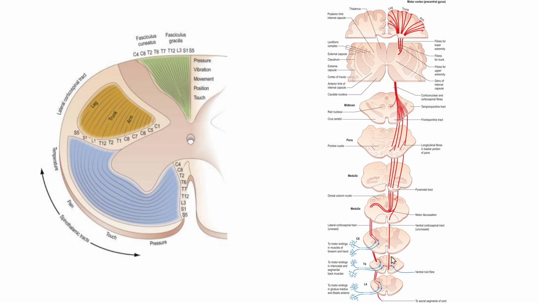Now functionally these two tracts are different. The lateral corticospinal tract is involved primarily in innervating muscles of the distal parts of the extremities. That is primarily the muscles of the arm or leg and the hand or foot. Okay? Whilst the muscles supplied by the ventral corticospinal tract tend to be those of the more proximal portions of the limbs.